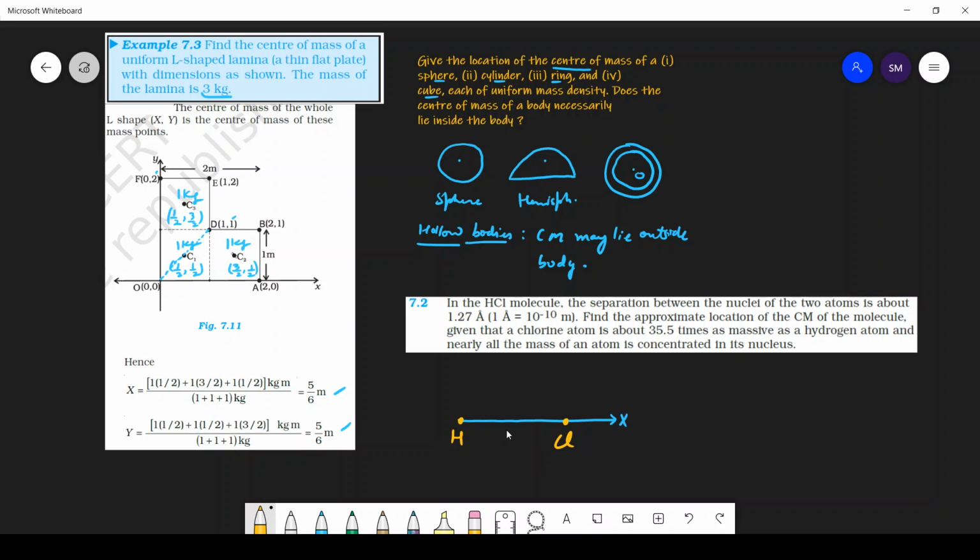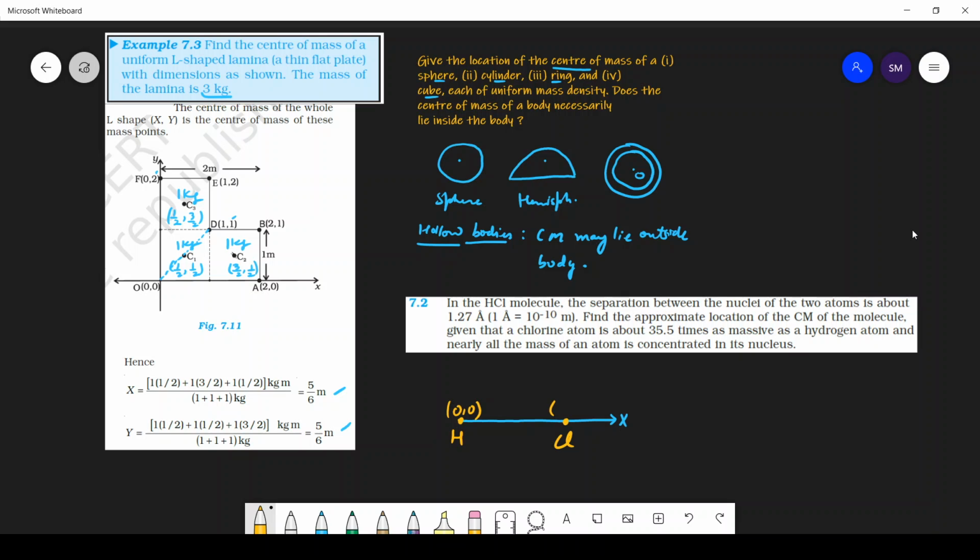Now can you calculate the center of mass of this molecule? You only need the coordinates and the masses. So what are the coordinates of H? We are taking it at the origin, so its coordinates are 0, 0. And what will be the coordinates of this other point?